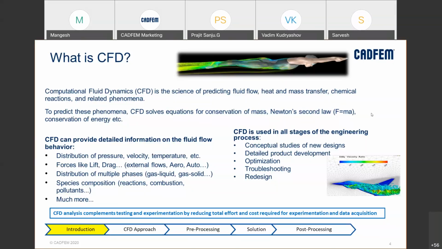Then distribution of the phases, if it's a multi-phase case, and species compositions. So there are multiple details one can extract.